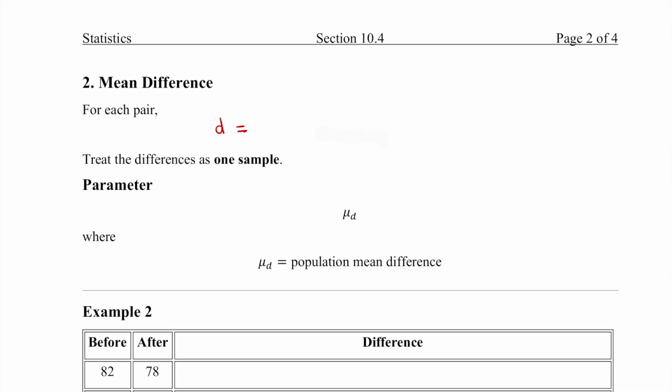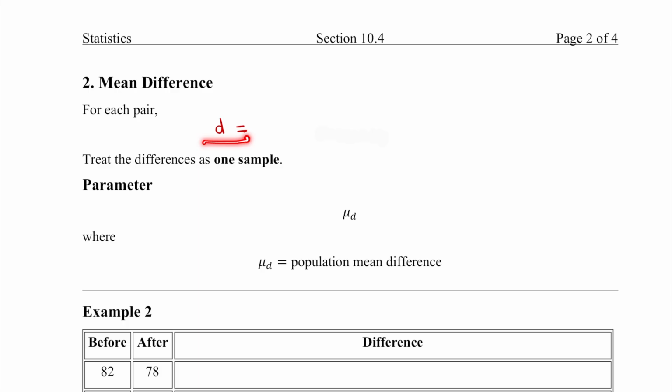Once we have identified paired data, the next step is to calculate the difference for each pair. For the difference, we'll just take one x value minus the other x value. But in this course, I am going to use a slightly different definition because I think it's easier to understand.